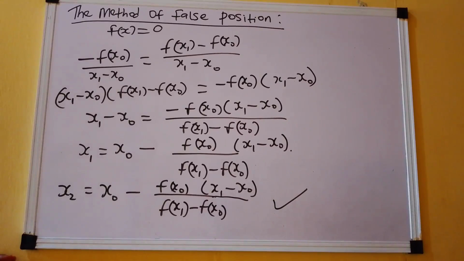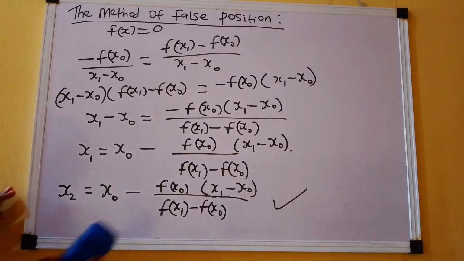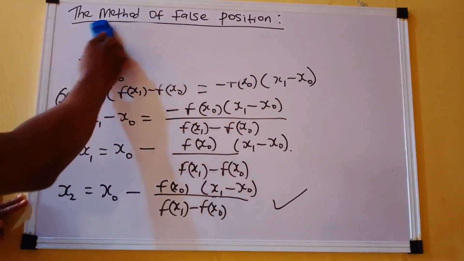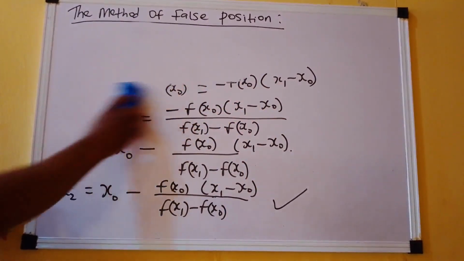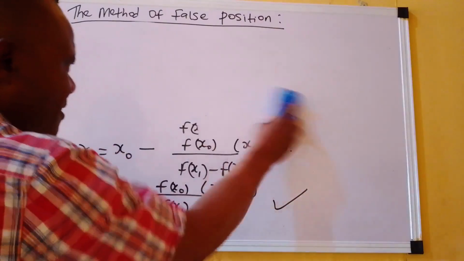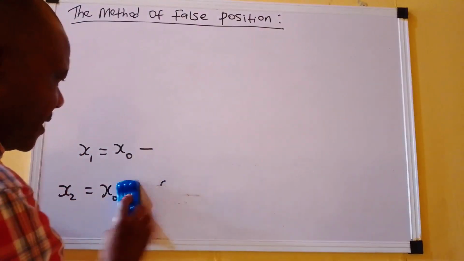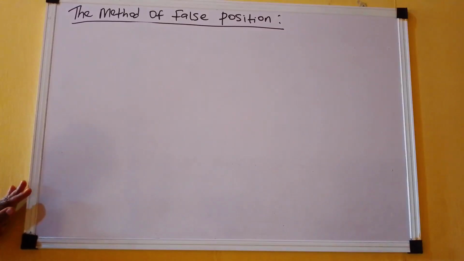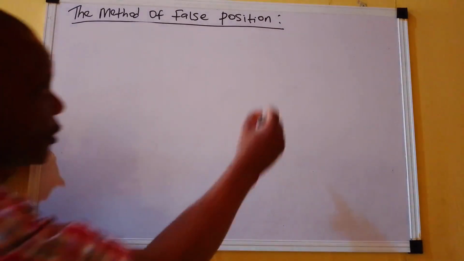So it means that, permit me to rub up the board. This is how the formula is derived. Permit me to write the formula at the top right hand of the board.